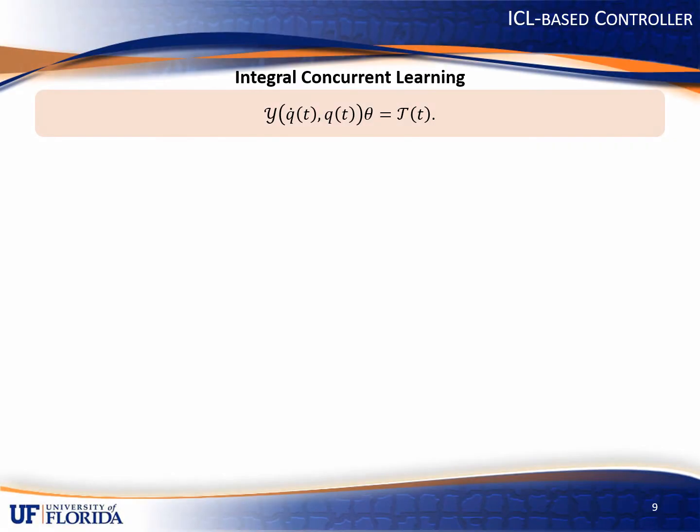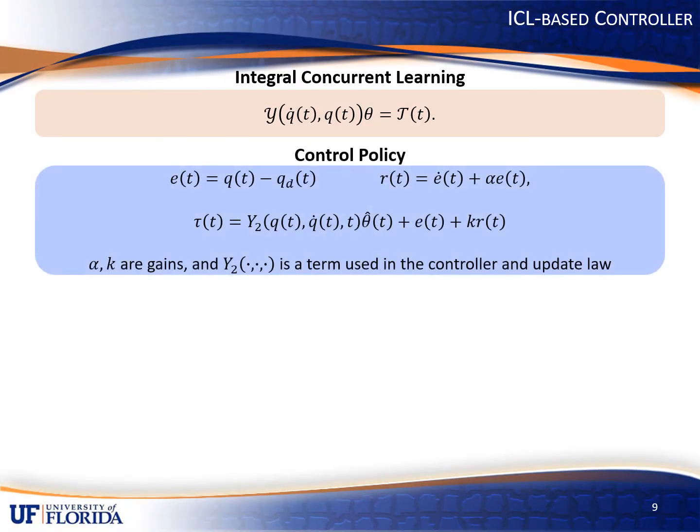To facilitate the control development, we define R, which is an auxiliary error signal that is proportional and derivative of the error. The controller is designed using a new regression matrix, Y2, an estimate of the unknown parameters, and two error signals, the actual error and the auxiliary error.